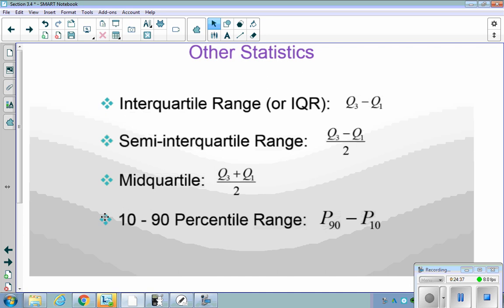The semi-quartile range is just that divided by 2. Midway is adding the two together and dividing by 2. And if I wanted to state something like that, I can always use percentiles.